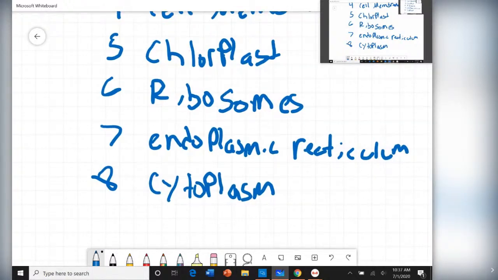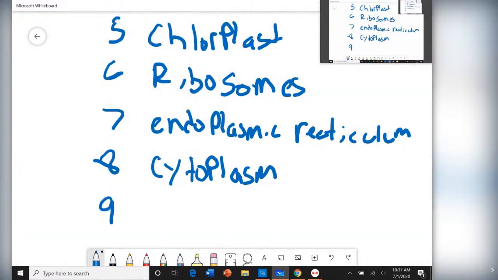And last but not least, number 9 is the vacuole.